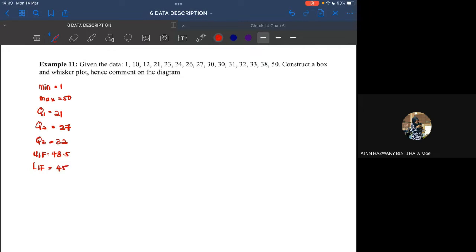Kita drawkan lagi sekali box and whisker plot kita untuk example 11 pula. So as you can see from here, the lowest value here is 1, the highest is 50. So we have to start with 0, 10, 20, 30, 40, 50. Macam tak ngam pula. Tak apalah.